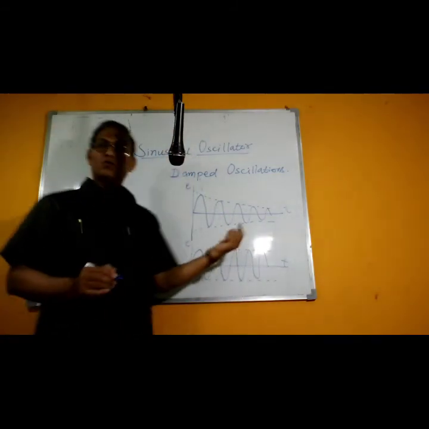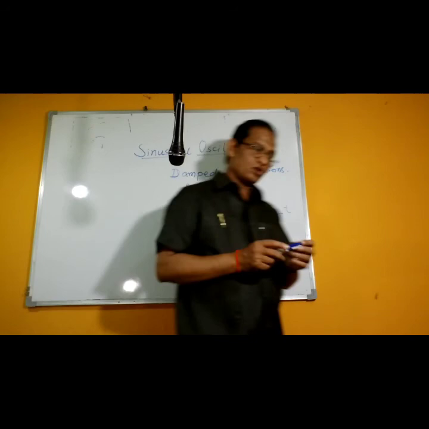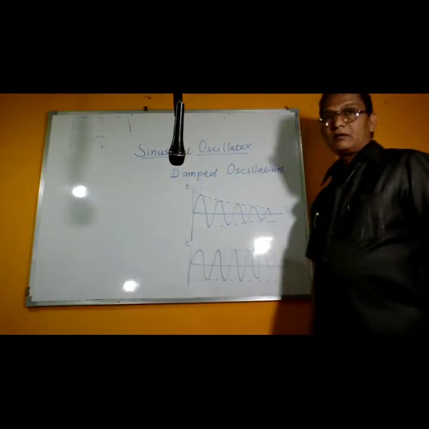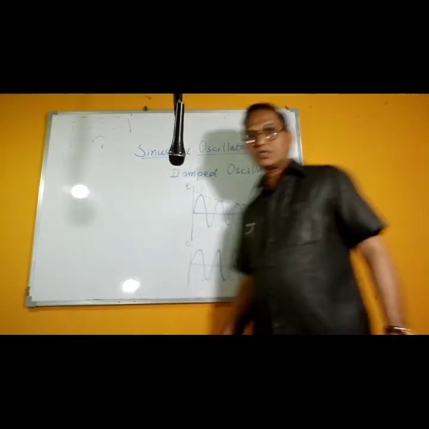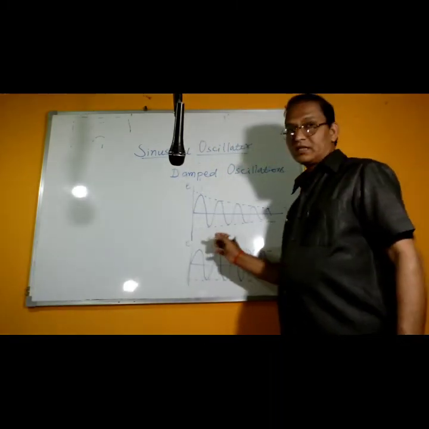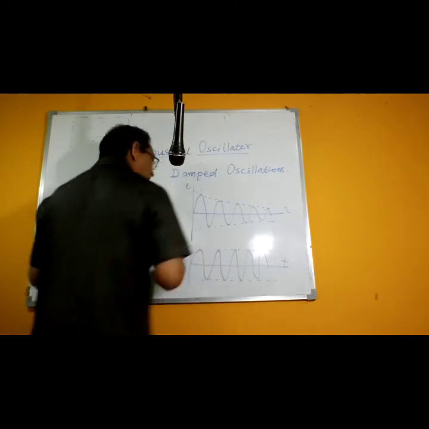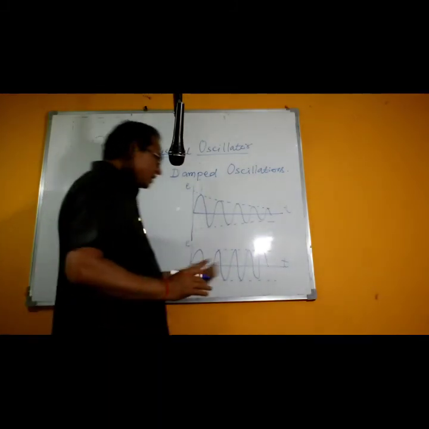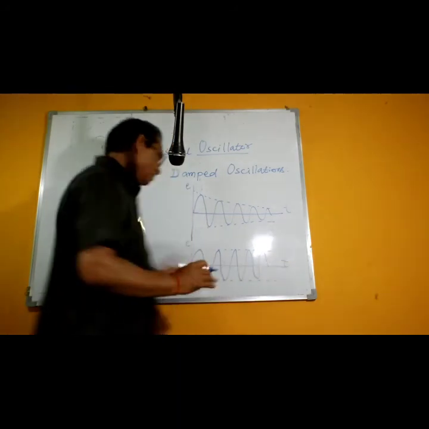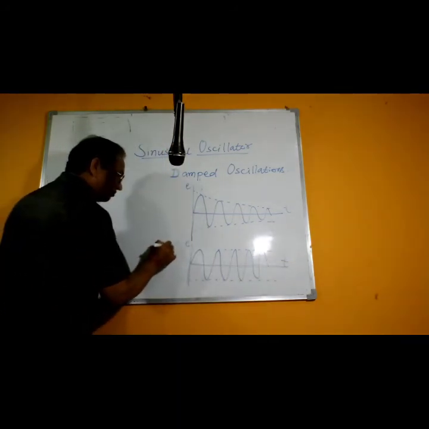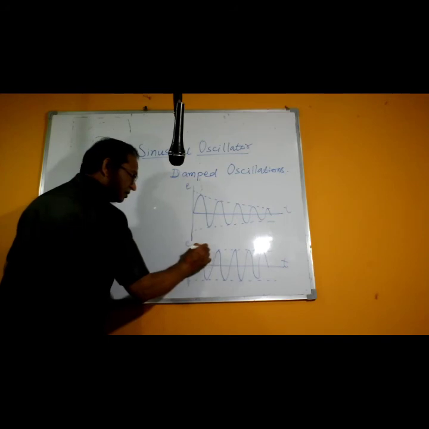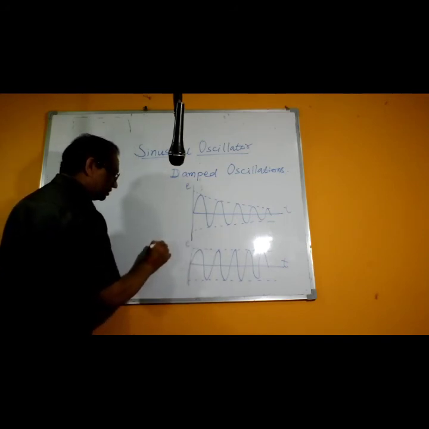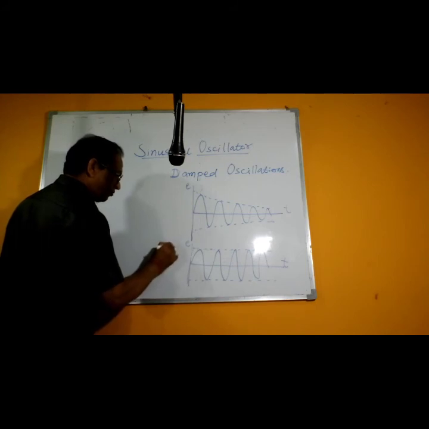In this case, the oscillations obtained have constant amplitude, so we call this type undamped oscillations. We are interested in such oscillations. Even though there is a loss of energy, it is overcome by providing the supply. So this is undamped oscillations.